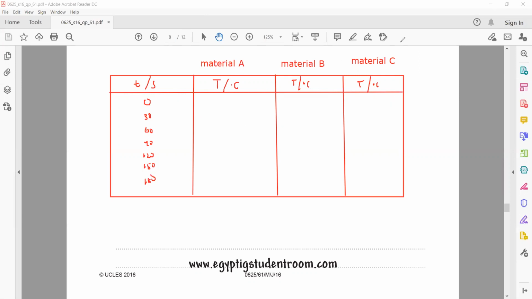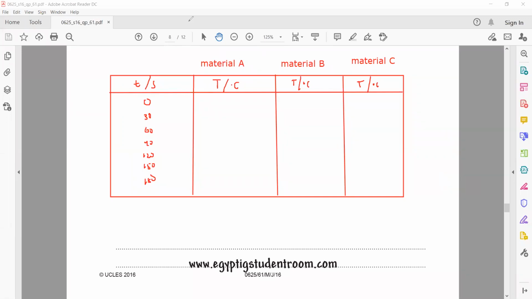So you can draw either separate for each insulating material, or you can use one table for this. Both ways it is correct.